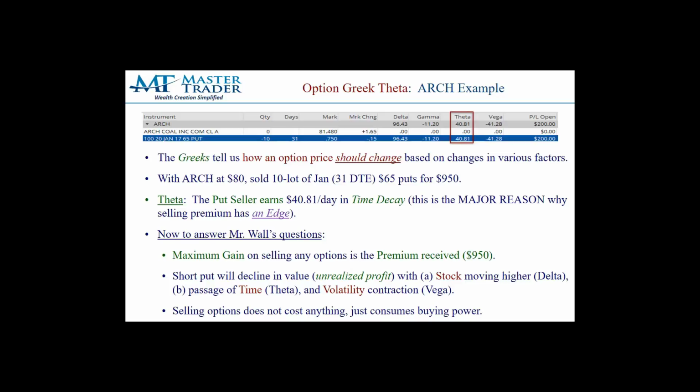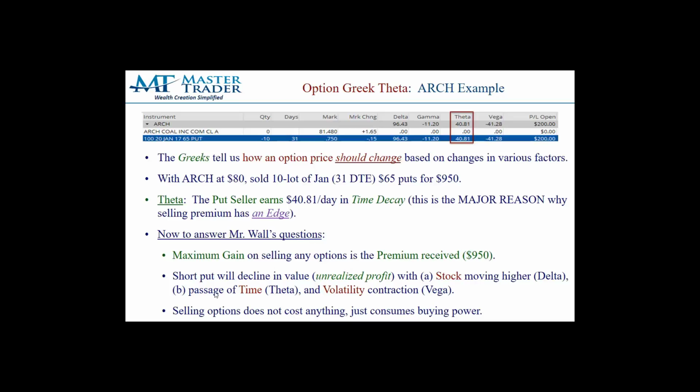These are the things that are going to make this option price go down in value. One is if Arch, the stock, moves higher, because then delta, which measures my directional risk, is getting smaller. There's less likelihood of this option expiring in the money, so it's worth less.